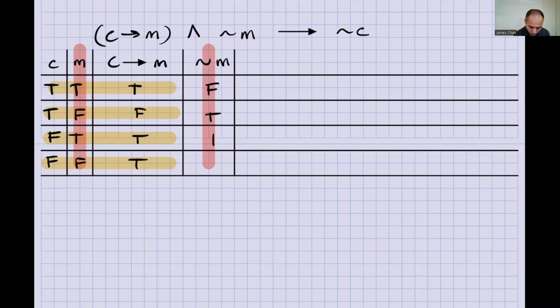False, true, false, true. Okay. Why don't I go ahead and take care of this whole thing right here, right? So I want C to M and not M.